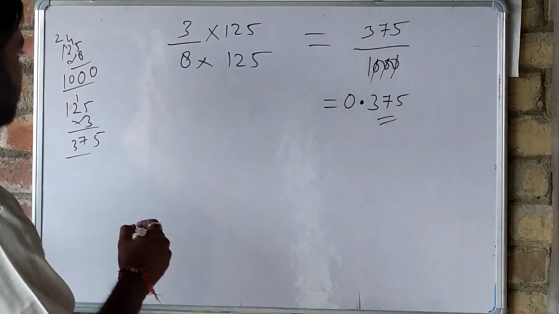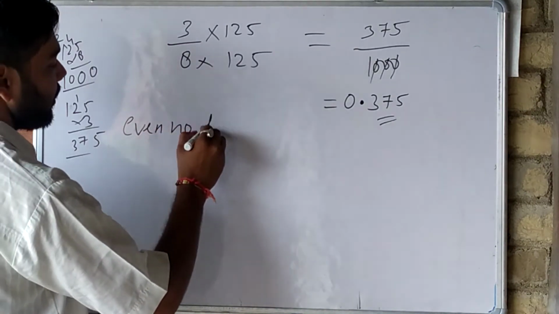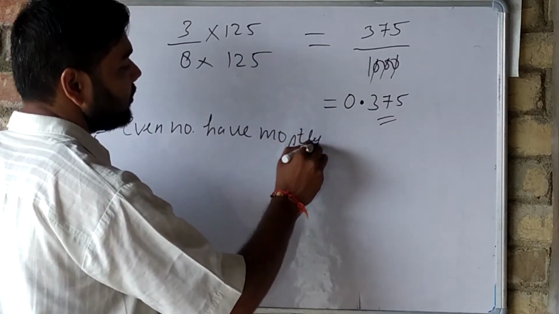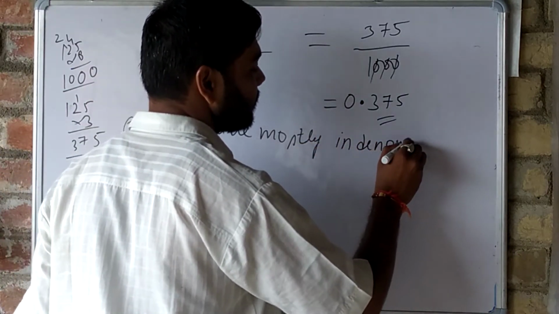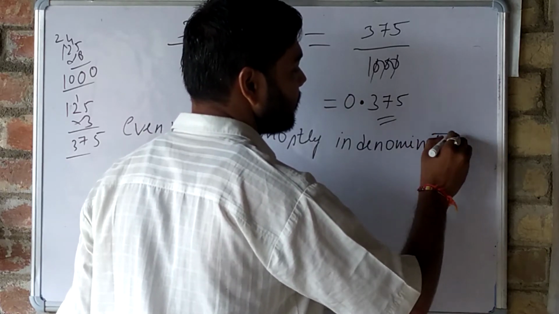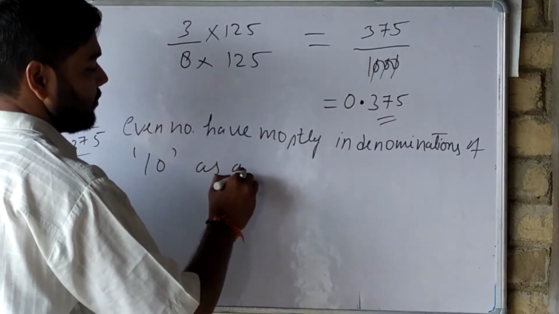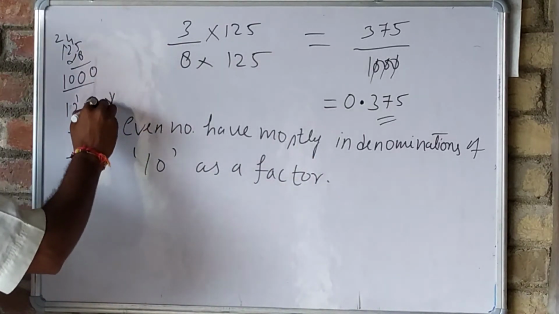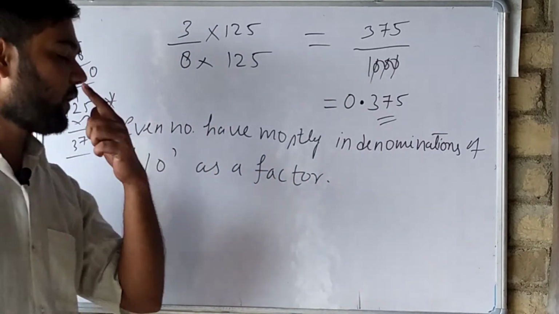So here I am writing: even numbers mostly have denominations of 10 as a factor.